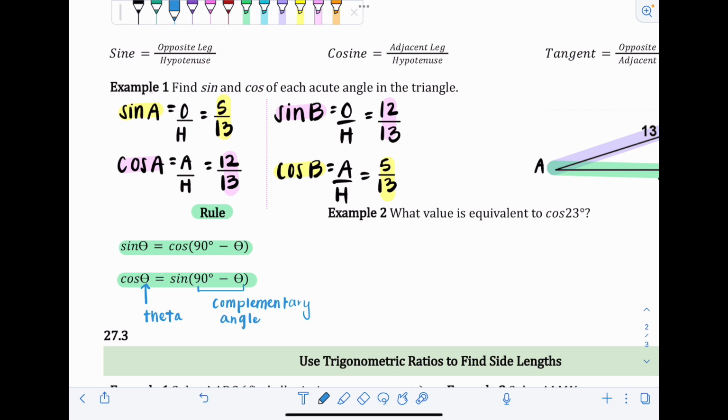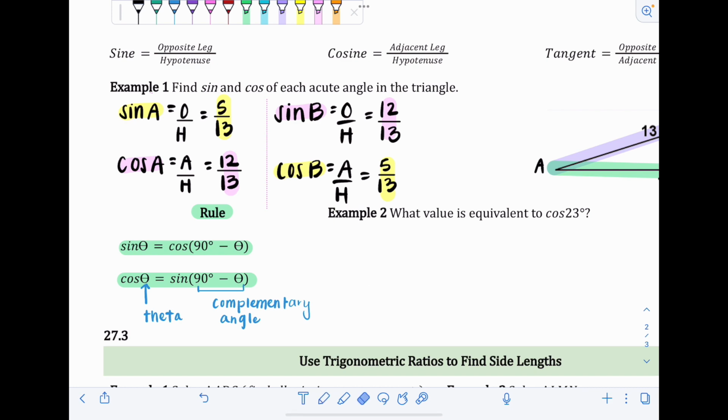Complementary, I think that's spelled okay. Now looking at it, it looks like a crazy long word. But anyways, complementary angle, 90 minus theta, because let's say theta is 30, and you don't need to write this down, then 90 minus theta would be 90 minus 30, which is 60 degrees. So 30 and 60 are complementary to each other because they add up to 90. So if you have one angle and you subtract it from 90 degrees, that'll give you the angle that would be complementary to it.